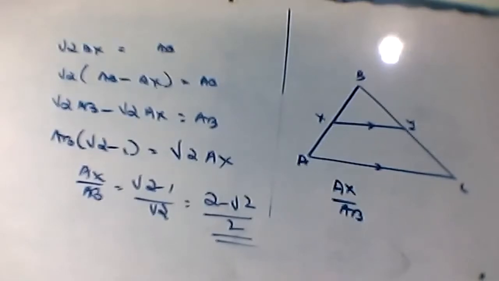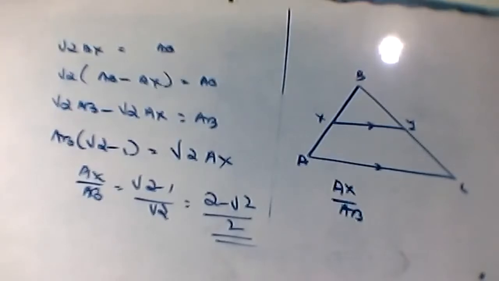Next line, 2 times area of triangle BXY equals area of triangle ABC. Therefore, area of triangle BXY divided by area of triangle ABC equals 1 by 2. That is our part 1.